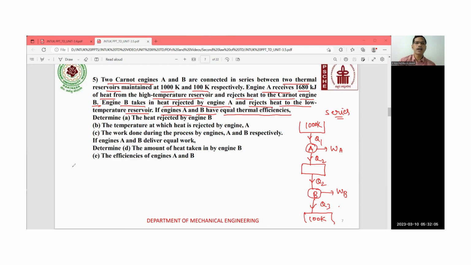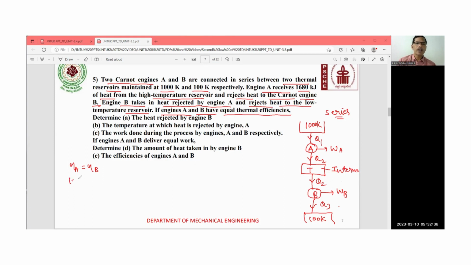The first thing is the efficiency of A is equal to the efficiency of B, because the efficiencies for engine A and engine B are mentioned, right? We don't know the intermediate temperature, right? So this is nothing but the intermediate temperature. Like this, if there are 3 to 4 engines, you can get 2 to 3 intermediate temperatures. So this I don't know.